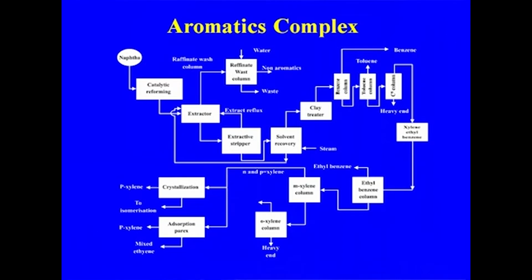That xylene mixture is the C8 hydrocarbons, which also contain ethylbenzene. Then the ethylbenzene is separated, and further fractionation gives the orthoxylene, and then a mixture of meta and paraxylene, which will be separated by crystallization and the adsorption process.